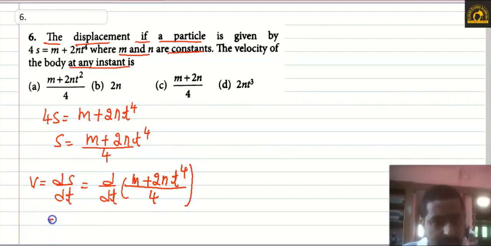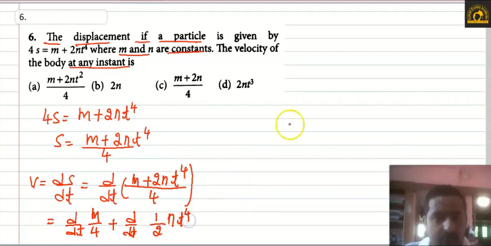So that is equal to d by dt of m divided by 4, plus d by dt of 1 by 2 n t to the power of 4.